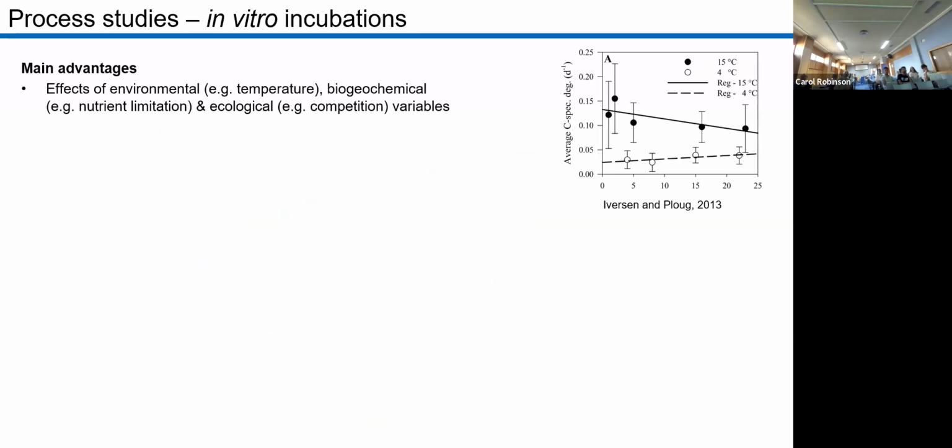Here on the right, for example, you have the plot published by Morten Iversen a few years ago. They did some incubations at two temperature conditions, at 4 and 15 degrees. And they followed with time the evolution of the carbon-specific degradation rates. It's something that you can't do in situ, and you have to use in vitro incubation to do that.